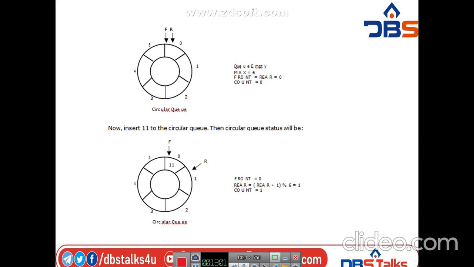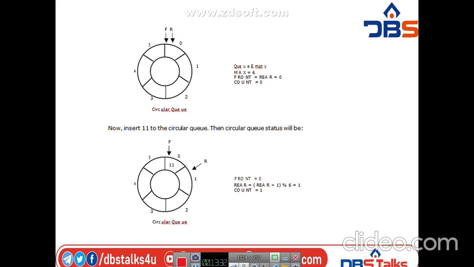In normal queues rear equals rear plus 1, but here rear equals rear plus 1 mod length, which means 0 plus 1 mod 6, that is 1 mod 6, which is 1. Count equals 1, because there is 1 element in the circular queue.